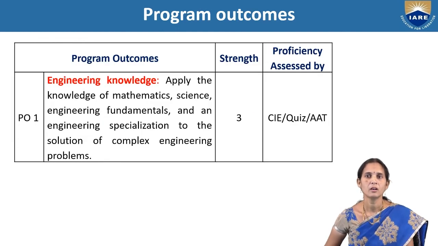So here we have taken PO1, engineering knowledge: apply the knowledge of mathematics, science, engineering fundamentals and engineering specialization to the solution of complex engineering problems. We have given strength 3 because the students will learn the basic concepts of electrochemistry, corrosion, polymers and fuels.